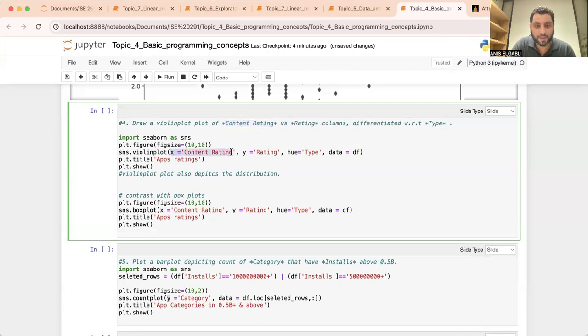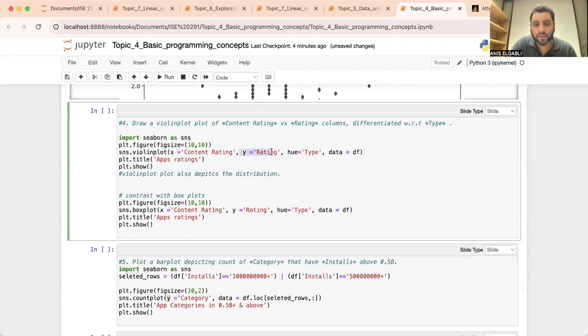So content rating will be the x-axis, and the y-axis will be the rating. If this were a box plot, then the boxes would be vertical. But we will look at what this actually is. So we are plotting the statistics of this numerical attribute, differentiated by the different choices or categories of this categorical attribute, and also by the type. We use hue for the type because now we have used X, Y, and the hue.